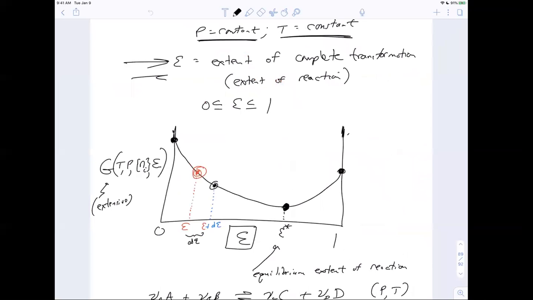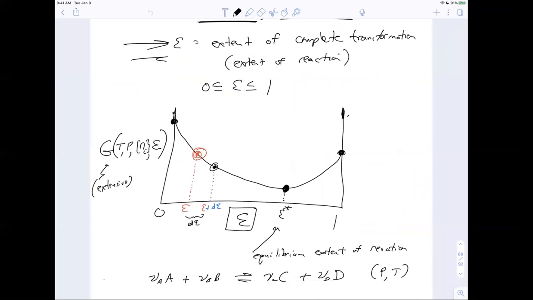If we have some generic chemical reaction, as indicated at the bottom here, the goal is this: since we can intuit that G is a function of epsilon at conditions of constant temperature and pressure, and we know that for a stable system G is minimized, there must be some minimum in G as a function of the extent of reaction. And so once we can formulate G in terms of epsilon, we can take the derivative of G with respect to epsilon and see what that leads us to.